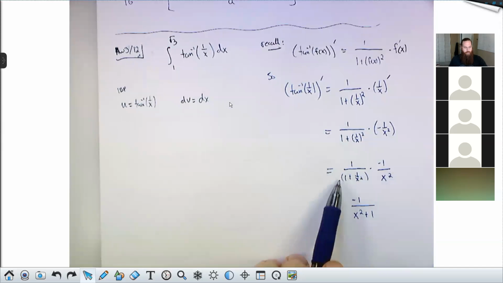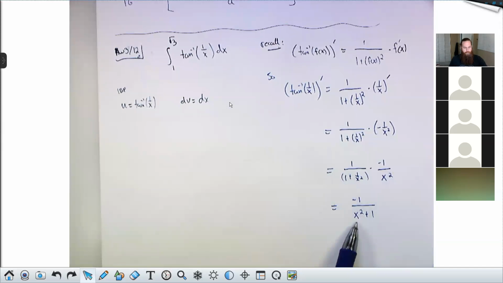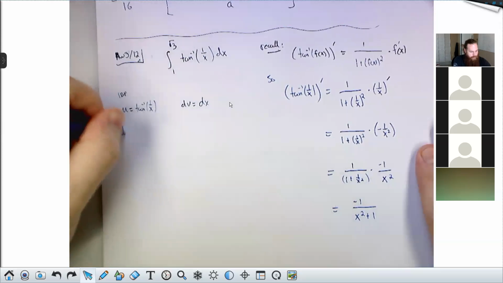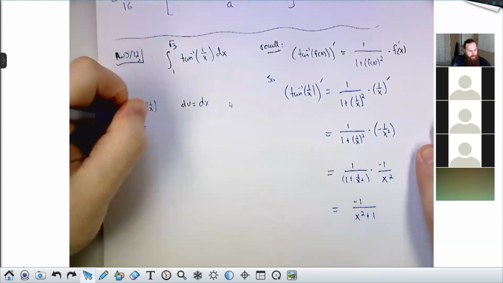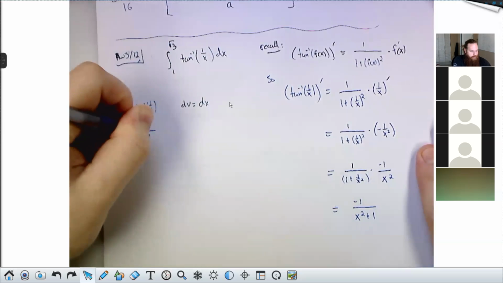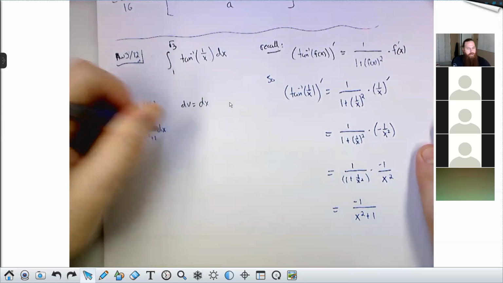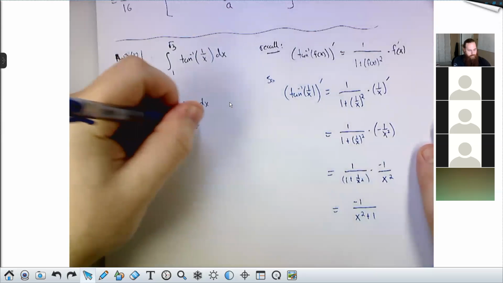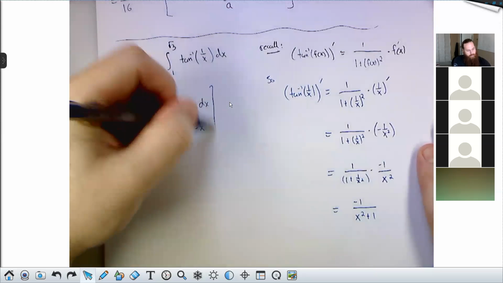The x squared times 1 here gives this x squared. The x squared times 1 over x squared gives this 1. So du is negative 1 over x squared plus 1 dx, and v is just x.